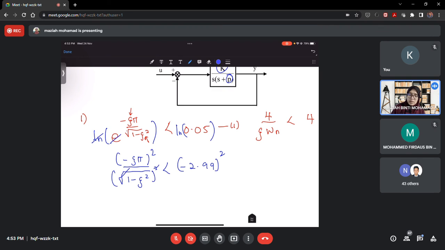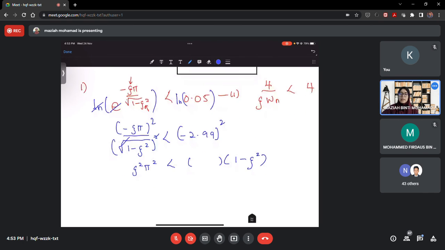So we're going to have zeta square pi square should be less than 2.996 square, and then you multiply with 1 minus zeta square. What is 2.996 square? 8.94.